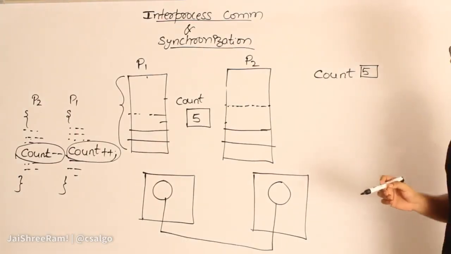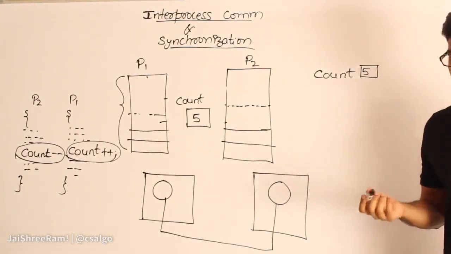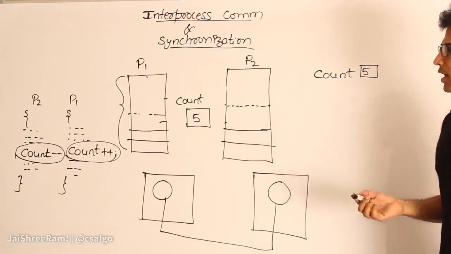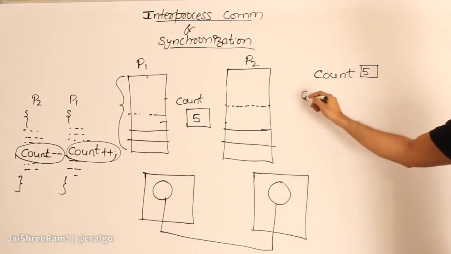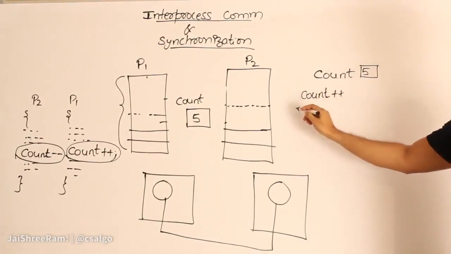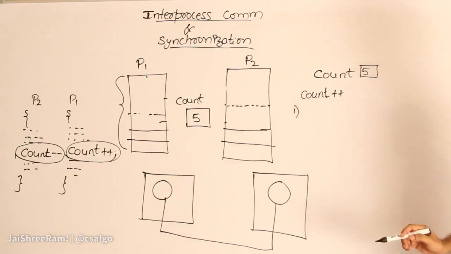Now if you look at how this count minus minus and count plus plus will be converted to assembly language code, I'm just writing it like this. So count plus plus might contain 3 instructions in assembly language.